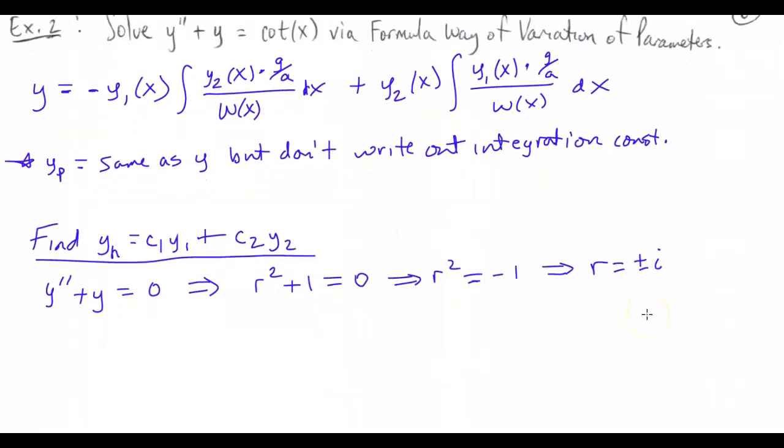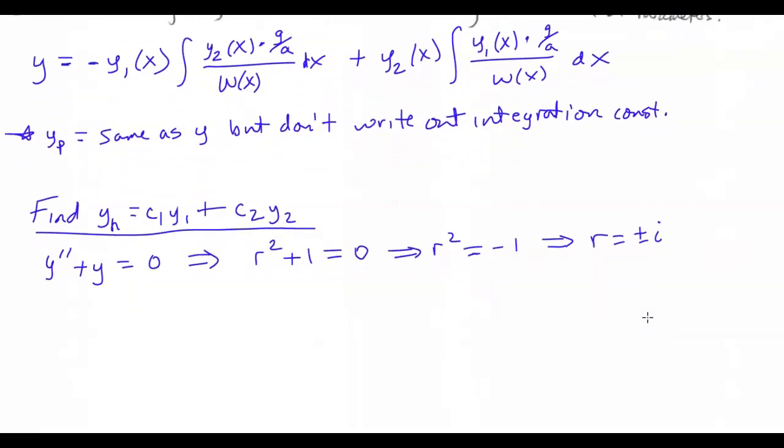So this is a case 3, second order linear homogeneous situation. So because of that, we know that our homogeneous solution is going to be of this form, and I'll just write it this way, where our lambda here is going to be 0 and our omega is going to be 1.